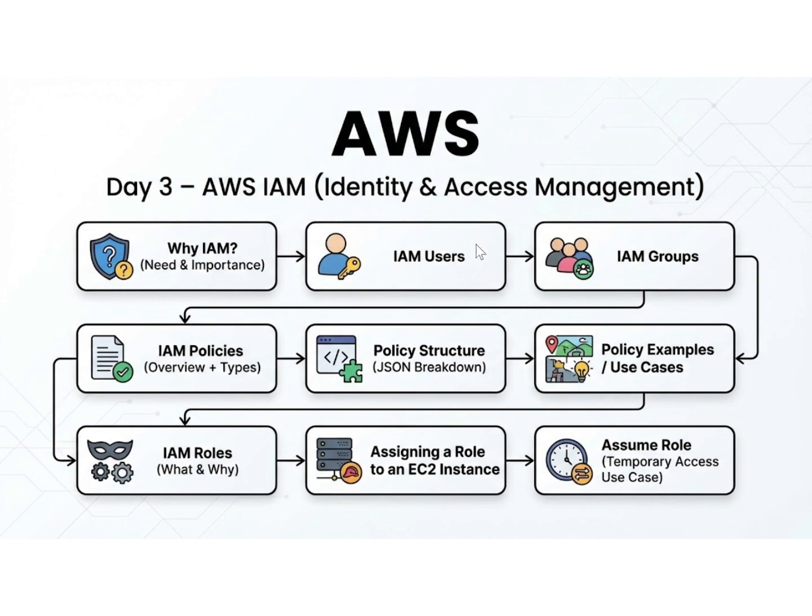IAM mainly corresponds to identity and access management. What is the need for IAM? So let's understand why IAM is needed. IAM is mainly needed in order to onboard the users onto a specific account. In an organization, we have one particular account that is created for a project, and assume there are 3 dev team members, 2 from testing team and 1 from DevOps.